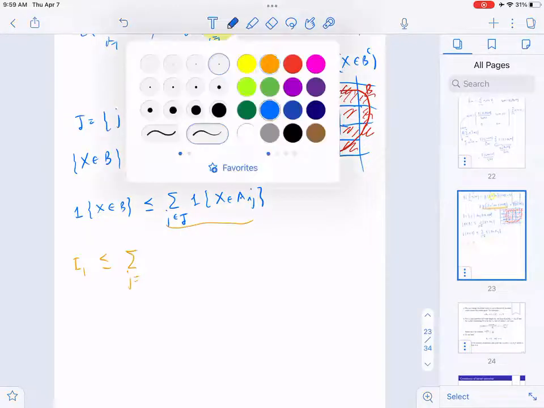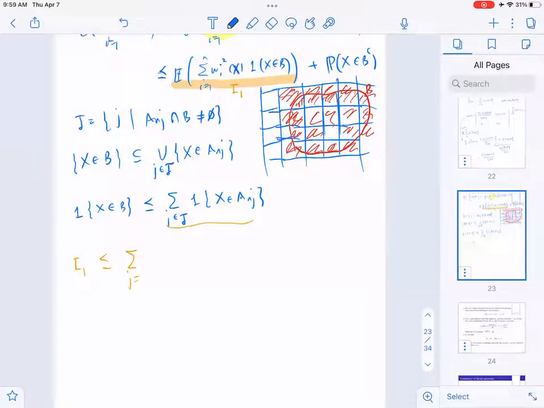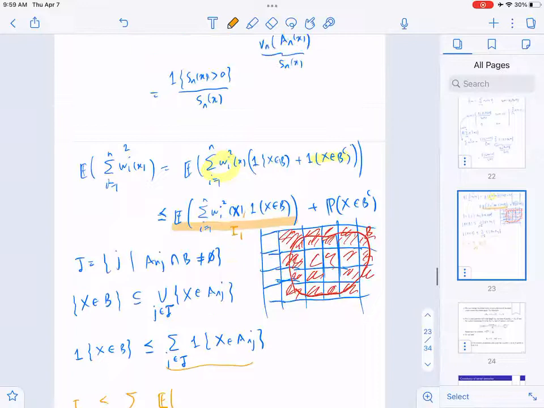These should be capital X at this point. What I would get is the sum over j in J of the expectation of the sum over i from 1 to n, where I bound this by that.